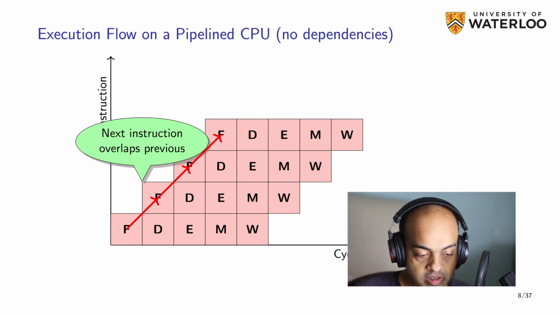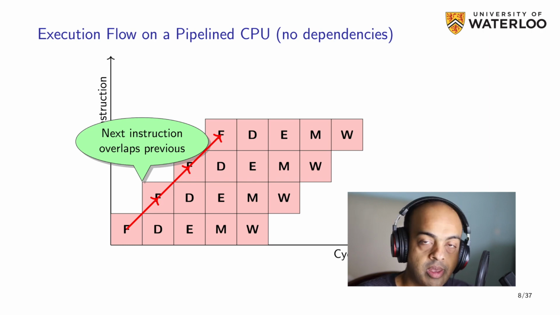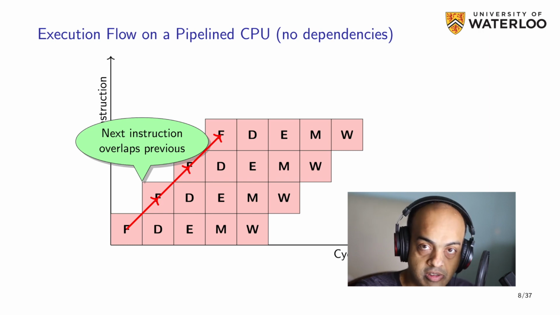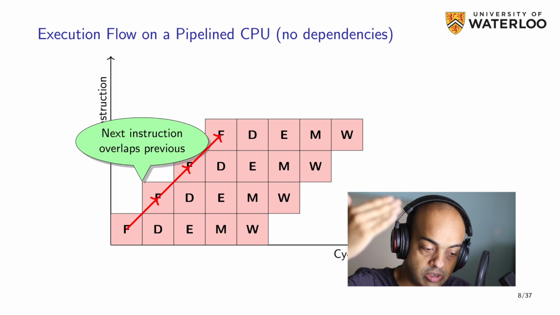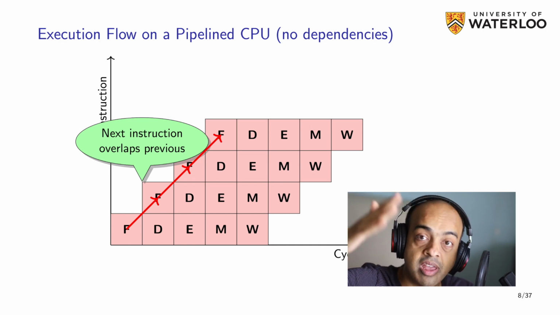right? So for instance, at the beginning, you're only doing fetch for the first instruction and nothing else for other instructions. In the second cycle, you're doing fetch for the second instruction while you've moved on to decode for the first instruction. In the third cycle, you're doing fetch for the third instruction, decode for the second instruction, execute for the third instruction, sorry, the first instruction, and so on and so forth.